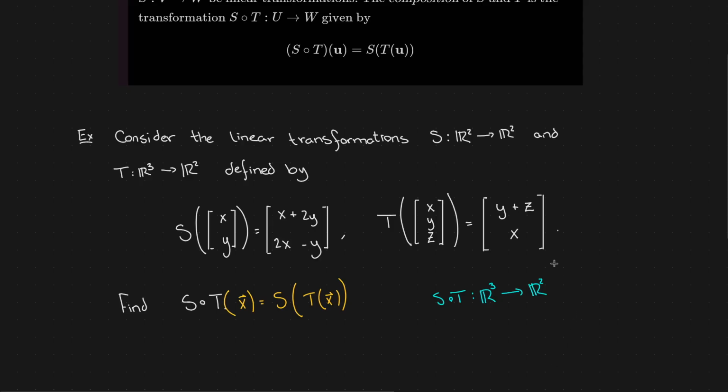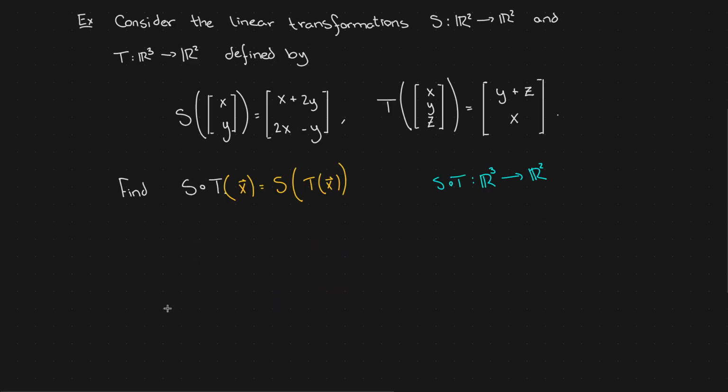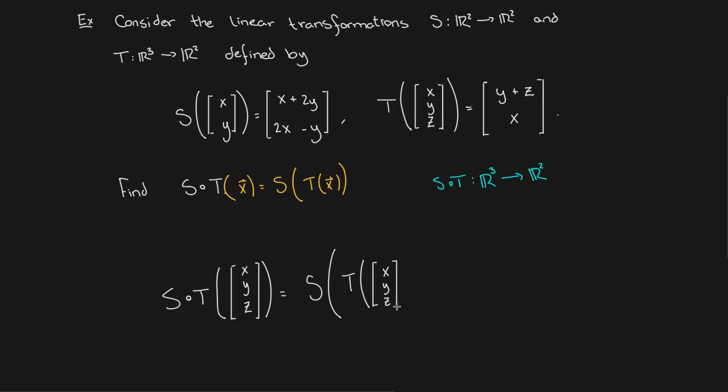So we want to find an actual expression for this composed transformation. We know S compose T of x, y, z, where we're plugging in a three-dimensional vector, by definition is S of T of x, y, z.